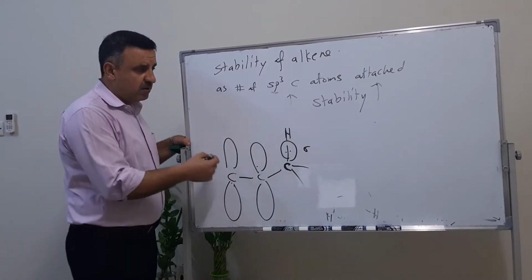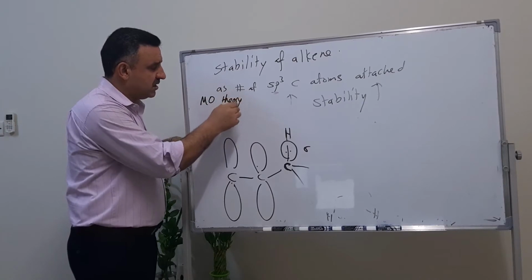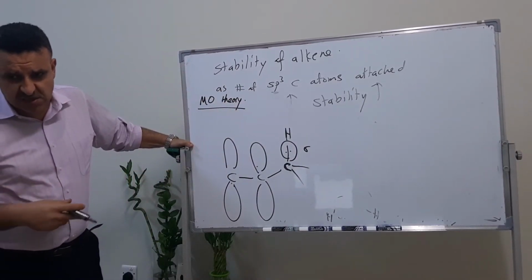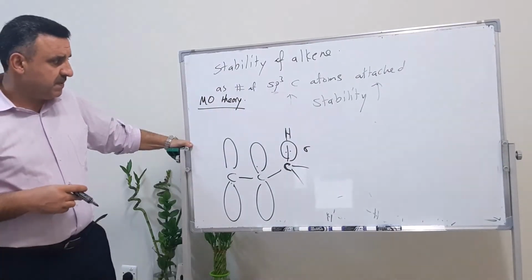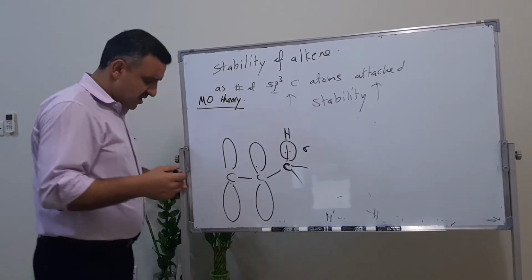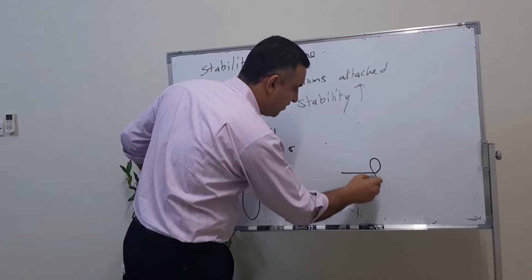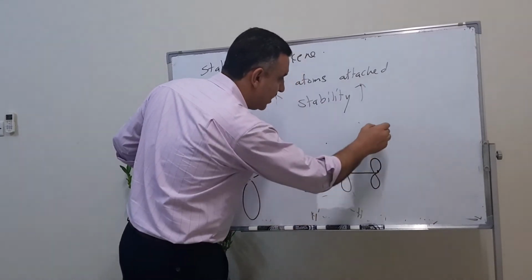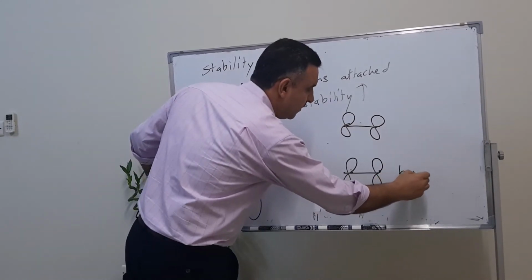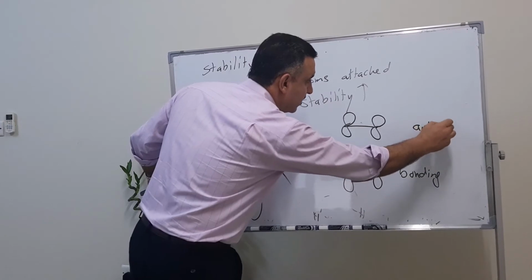Now, according to molecular orbital theory, and I hope you will study this in more detail in general inorganic chemistry, whenever we have a bonding orbital, this is the bonding orbital of the pi electrons. So this is called bonding, and this is called anti-bonding.